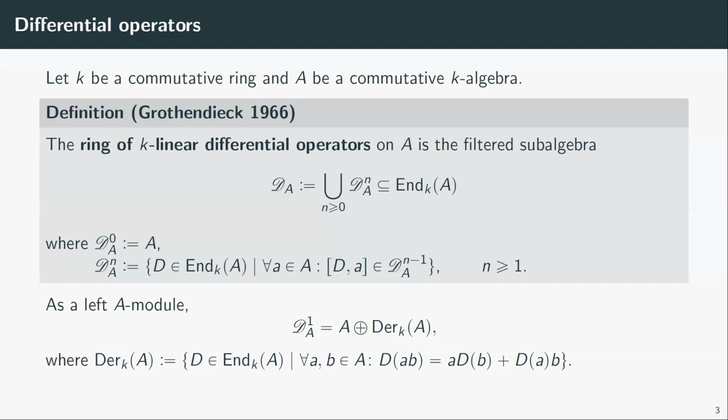With this embedding, I identify lambda a with a, so that I write a times f for the operator.